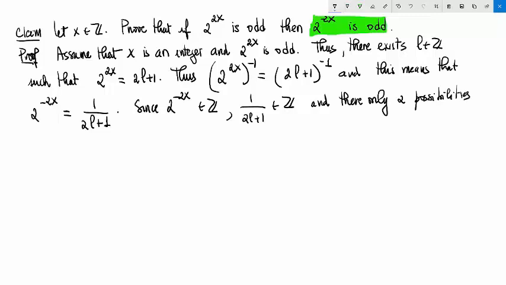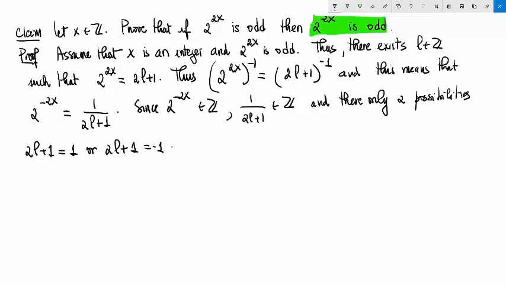Are we taking the reciprocal of another integer to get an integer? Then 2L plus 1 is either 1 or 2L plus 1 has to be negative 1, right? Because if you're taking the reciprocal of an integer, 2L plus 1 is an integer, you're taking, I don't know, 1/3, 1/5, 1/7, and so on. You're getting rational numbers which aren't integers unless the denominator itself is 1 or negative 1.